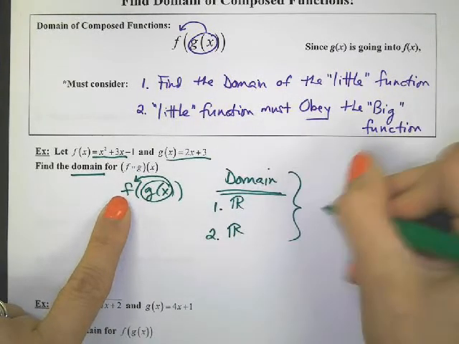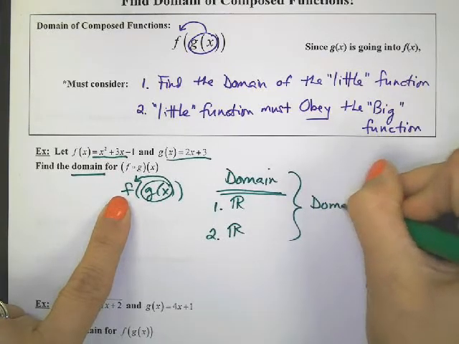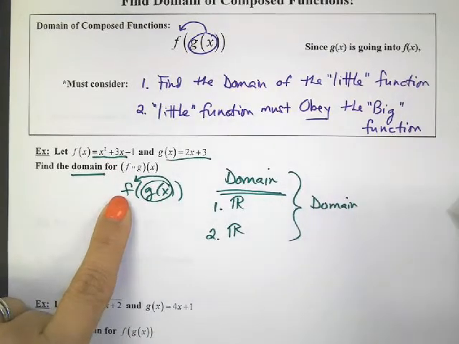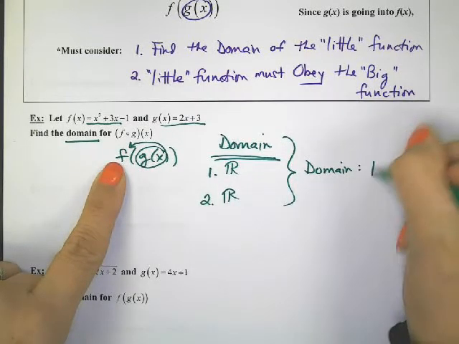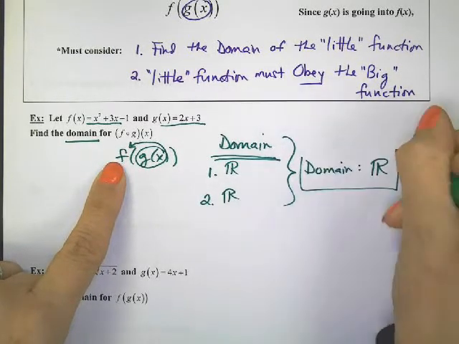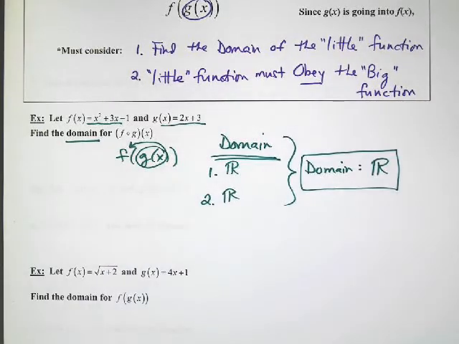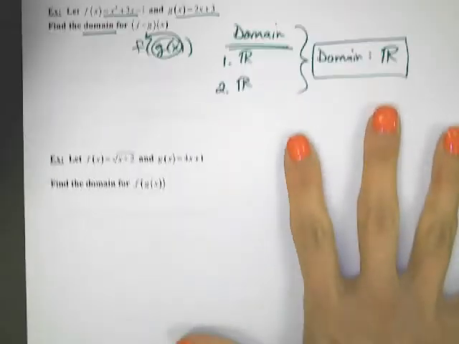Okay, now I have to combine these for the overall answer. This is kind of silly. All reals and all reals, survey says the domain is all reals. Okay, now that's a super easy one. We're going to get into some juicier ones in just a second, but you have to follow the 2 steps like that. Okay, let's do another one.